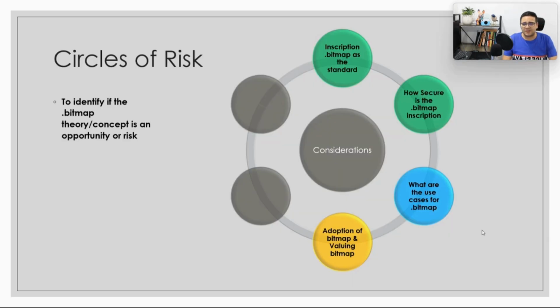So you may be asking, with this entire review, where does that bring the risk of where we are in terms of adoption of Bitmap and what the potential value of the bitmap can be? You shouldn't be surprised.